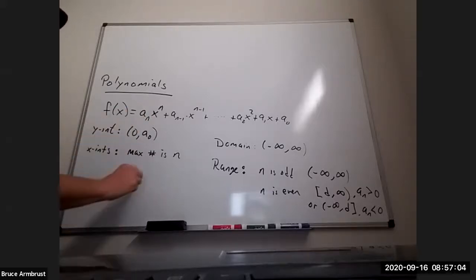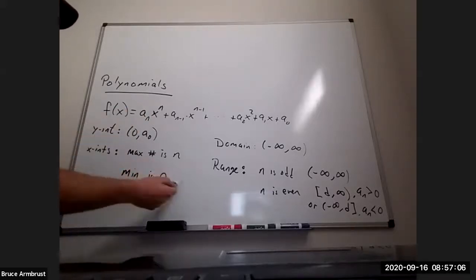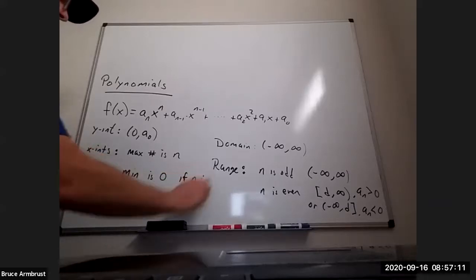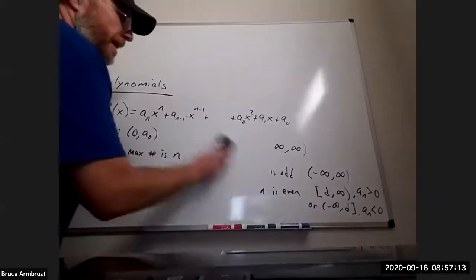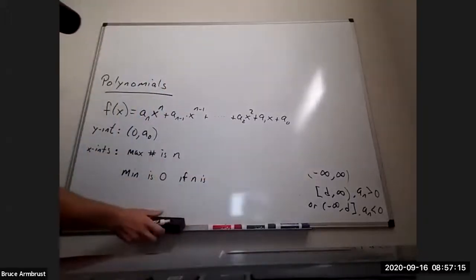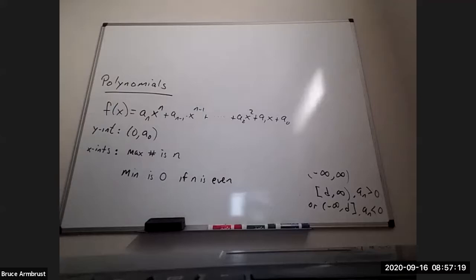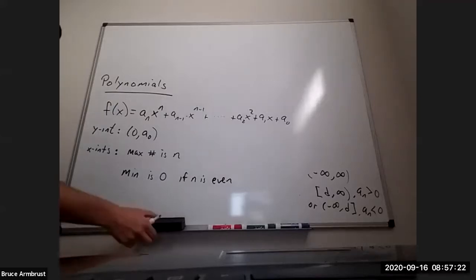In terms of how many minimum you have, it depends on the degree again. So for the min, it is 0 if n is even. Just like with the range, there's a difference if it's even or odd. So if you have an even degree polynomial, it's actually possible to have no x-intercepts.